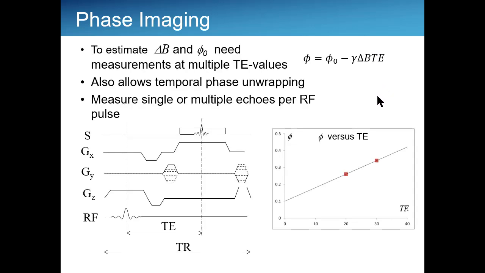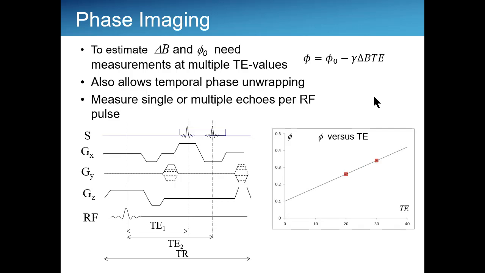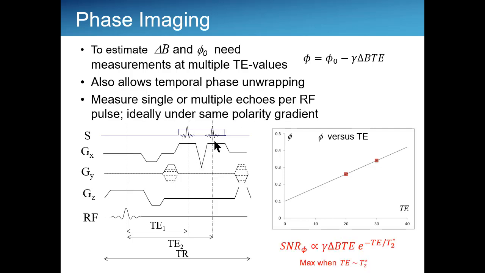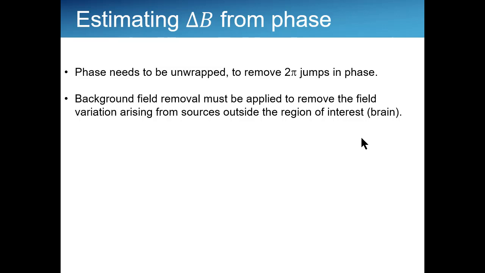We can do that by measuring 2 echoes under a gradient, or we can measure multiple echoes, many more than 2. We can do that by applying a bipolar gradient like this to generate 2 echoes, or we could use a unipolar gradient. Often that's a better way to do that when you want to avoid effects of gradient imperfections.